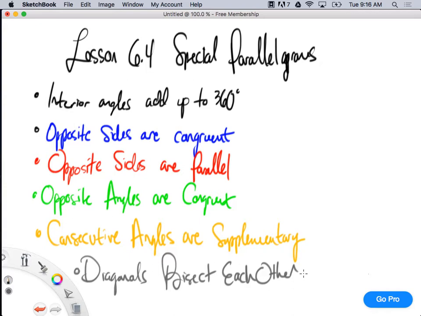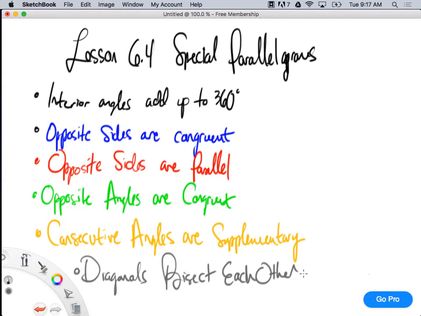Okay. So these are the things that we know about parallelograms. And all these things still apply to these new shapes. So we're talking about parallelograms still, but we're talking about special parallelograms. If I say special parallelograms, are they still parallelograms?